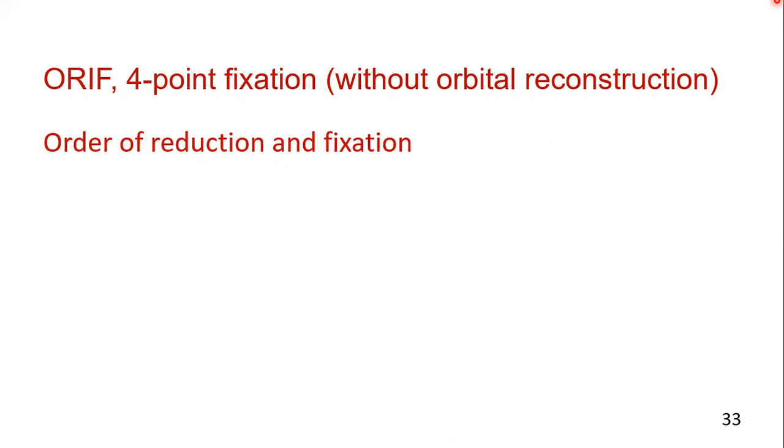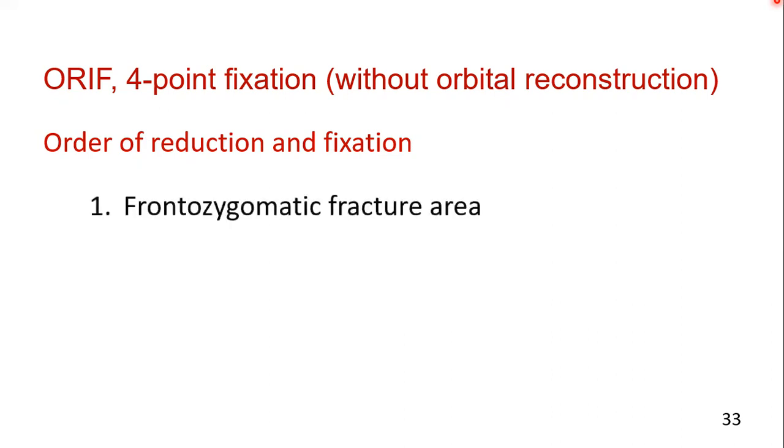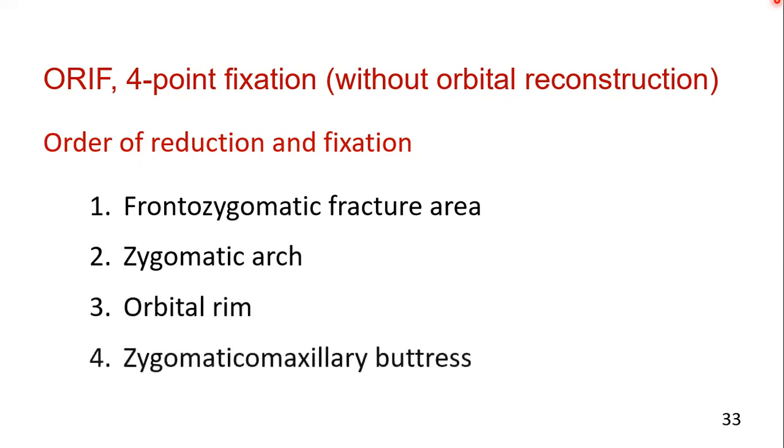Now come to the order of reduction and fixation. In a fracture of this nature, first is the placement of the plate at the frontozygomatic fracture area. Second is the area of the zygomatic arch. Third is the orbital rim. And fourth is the zygomatico-maxillary buttress area.